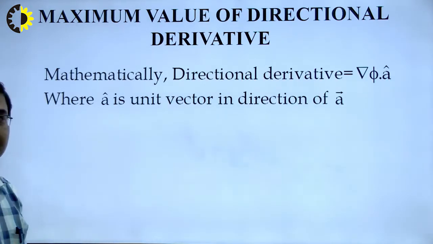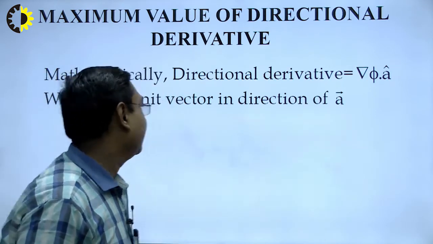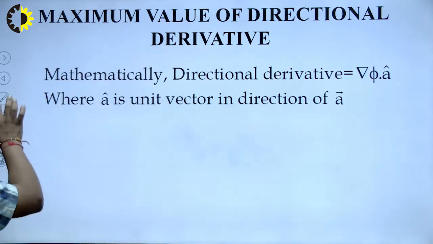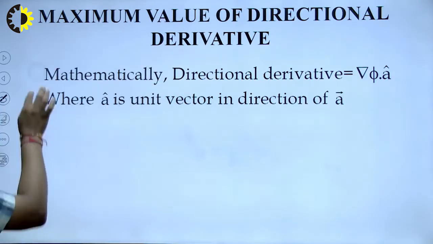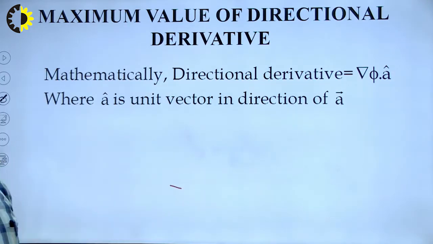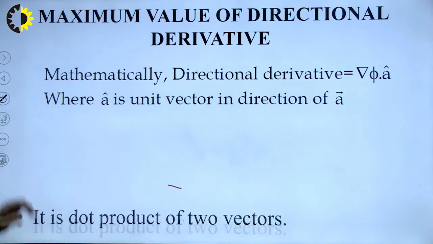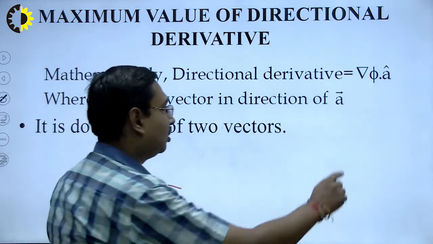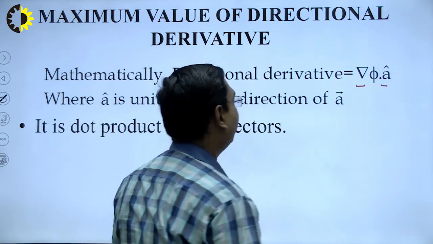Mathematically, directional derivative was grad phi dot a cap, where a cap is the direction in which directional derivative is required. Now we observe that this directional derivative is a dot product of two vectors.